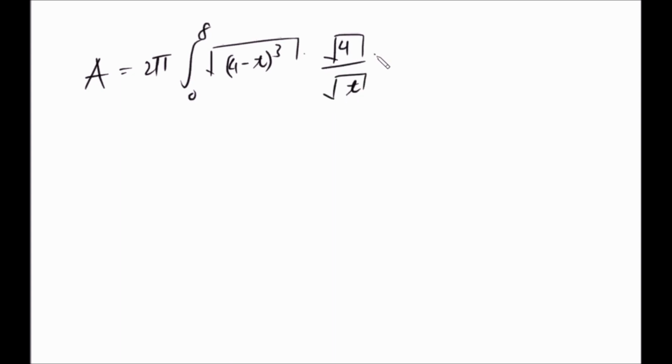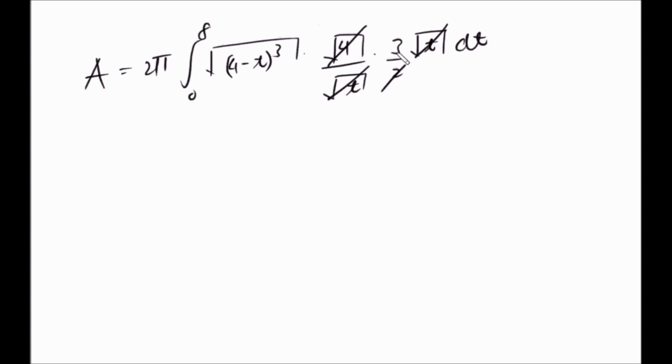Our area is just 2 pi from 0 to 8 the square root of 4 minus t cube times the square root of 4 chini ya square root of t times 3 over 2 the square root of t dt. Square root of t and square root of t, they go. Square root of 4 is 2. So 4 na 2 zinaenda, okay?